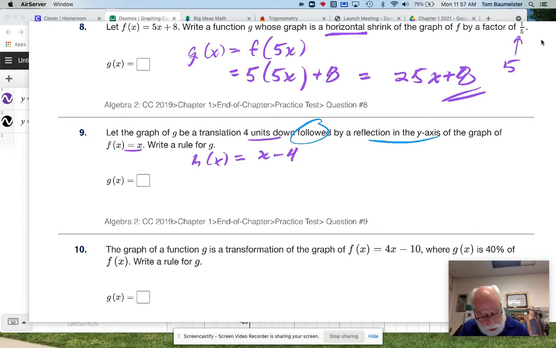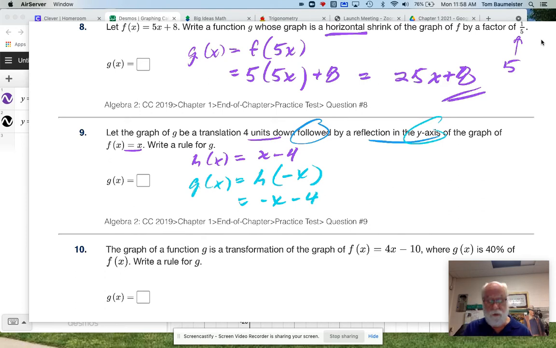And now our g of x is going to take our h, and wherever I see x, since it's in the y-axis, I'm going to attach the negative to the x. So on the one above, I'm attaching that negative to the x, and that's all I'm doing. So the negative 4 stays the same because it was on the inside. All right? So that's our answer for that one.